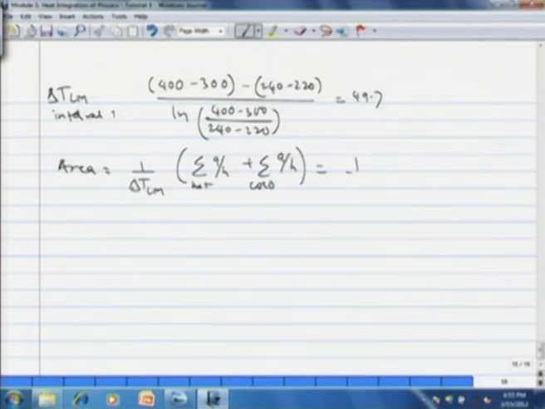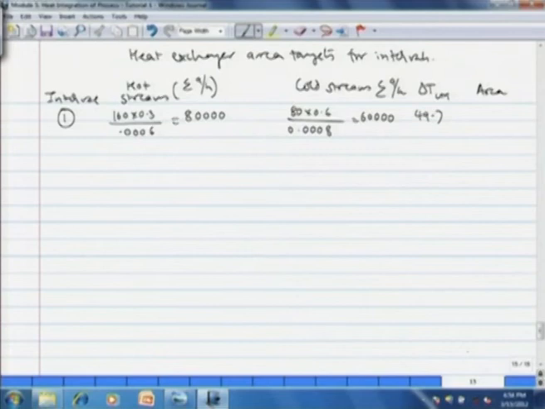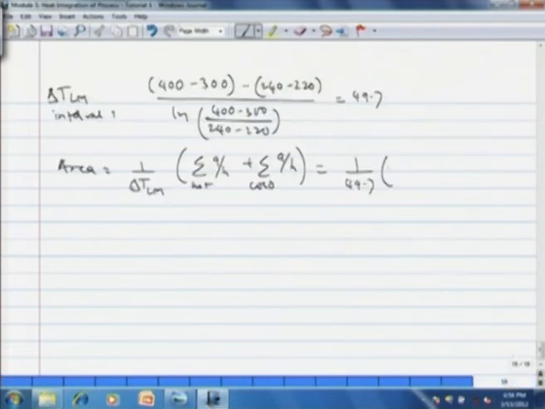We have all the values. Delta T Lm 49.7 we just determined, plus 80,000 plus 60,000 summation Q by H for hot and cold. And area thus turns out to be 281.7 meter square. Okay. So that point we note here.